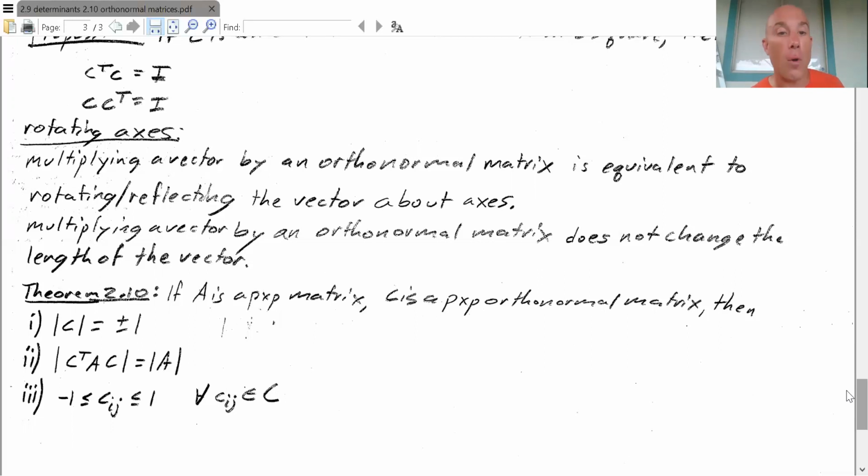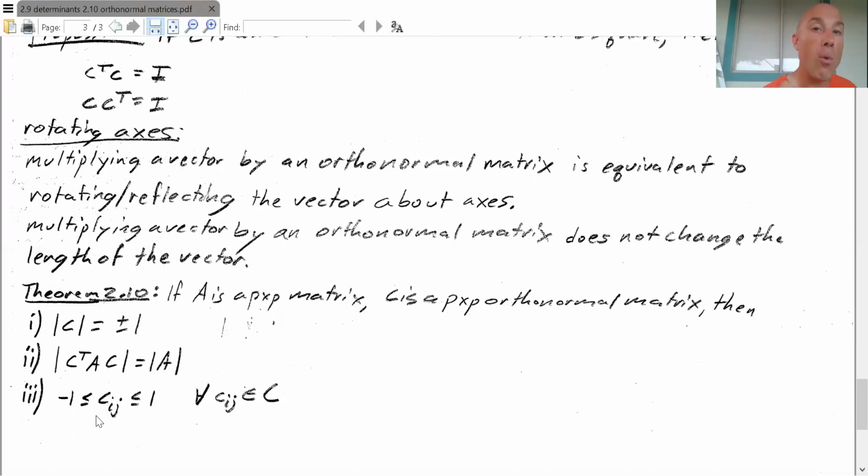And the last part I've got for you: if A is a P by P matrix and C is a P by P orthonormal matrix, then the determinant of the orthonormal matrix is plus or minus 1. The determinant of C transpose A C is equal to the determinant of A. That comes from the multiplication property for determinants.